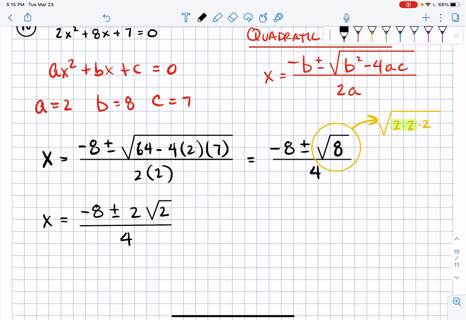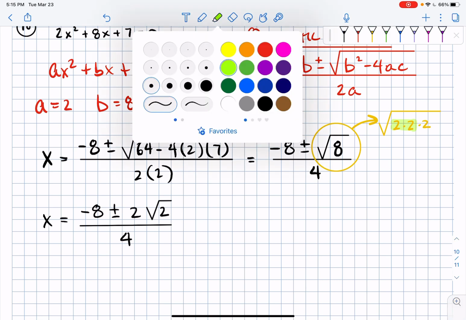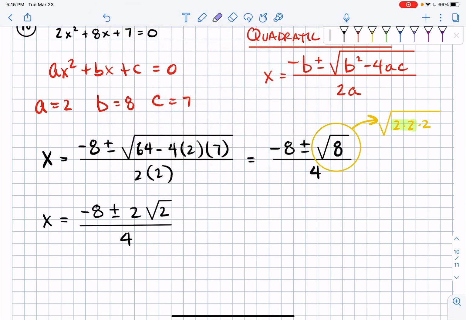But I'm not done. We're also going to have to talk about this so-called triangle method here. So for the 3 things that are outside the house, if something goes into all 3 of them, which 2 does, then you can reduce that fraction. So essentially, x is going to equal negative, so 2 goes into all of them, right?